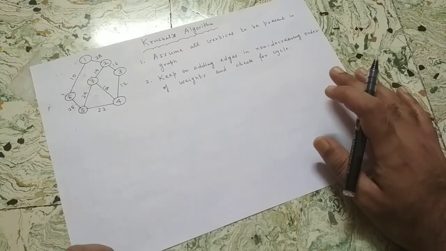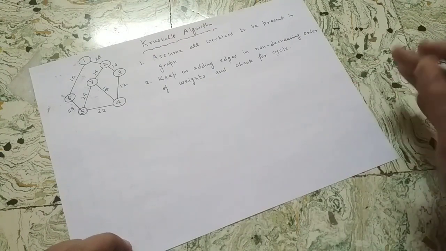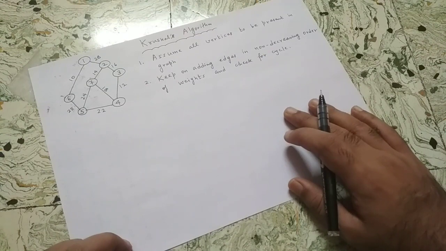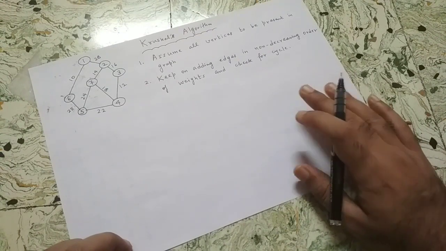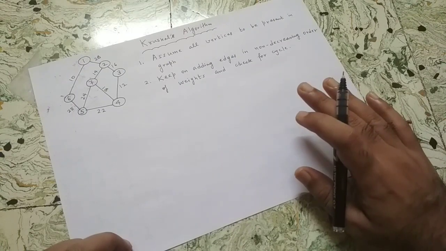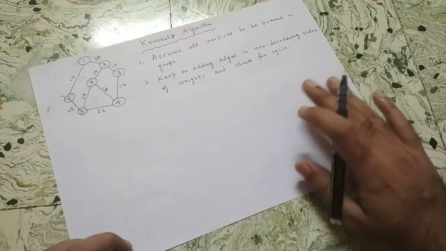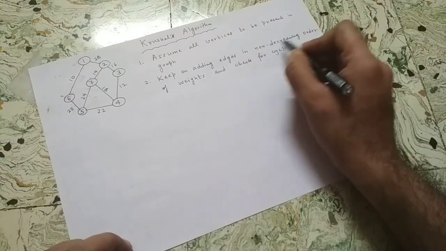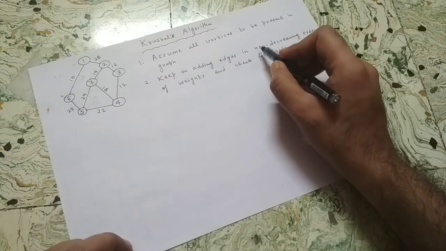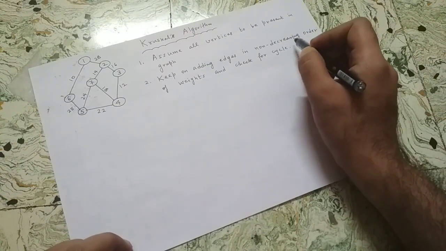Here we'll assume all vertices to be present in our graph at every step, and we'll keep on adding the edges in ascending order, or let's say in non-decreasing order. By non-decreasing order, what you mean is either the edge weights will increase from a smaller value to a larger value, or it will remain the same. That is the meaning of non-decreasing order.